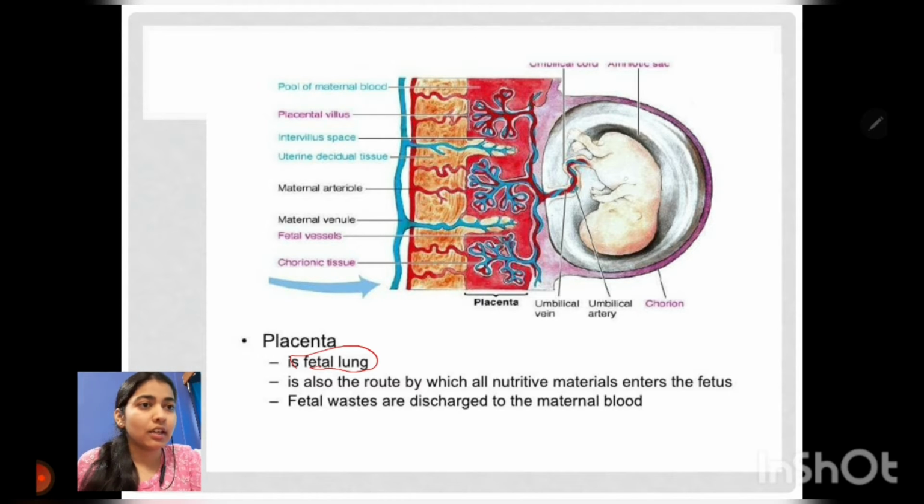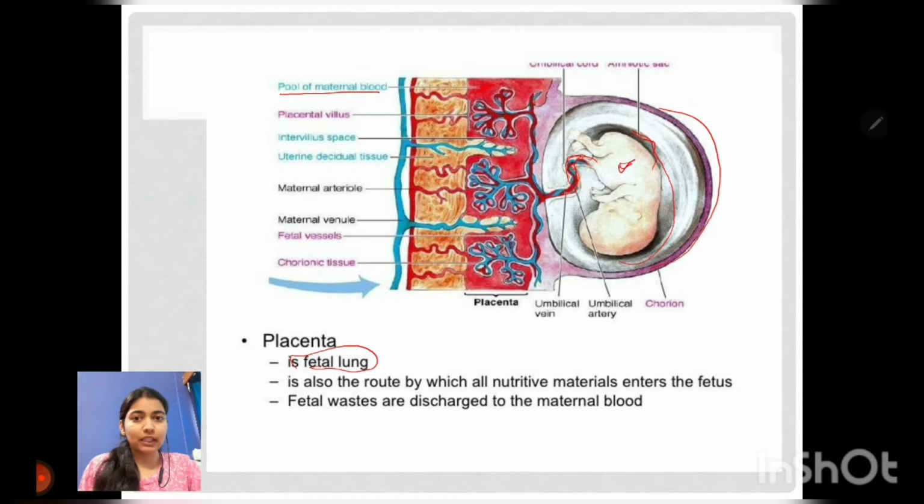Here you can see this is a fetus within the placenta, amniotic sac all around, and chorion over that, the umbilical cord of the fetus carrying blood vessels, umbilical vein and arteries, for gas exchange and a variety of purposes we have discussed. And this is full of maternal blood.